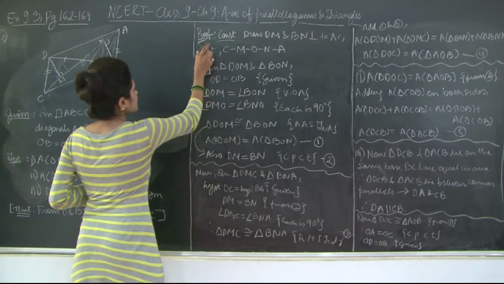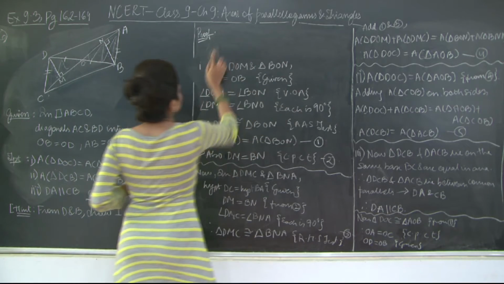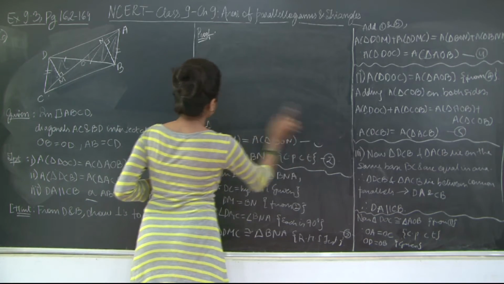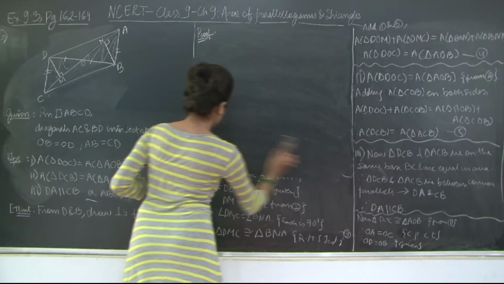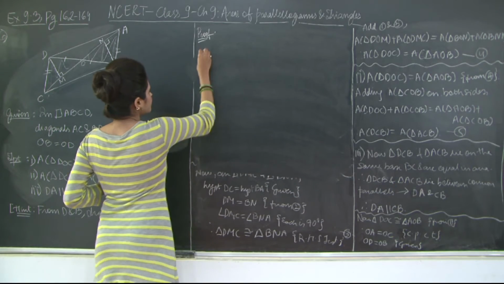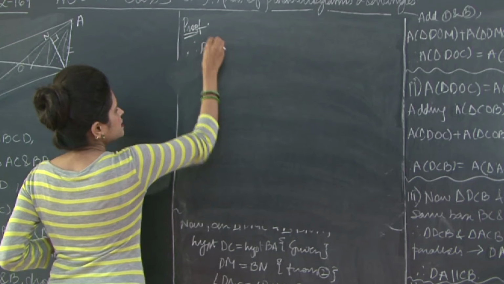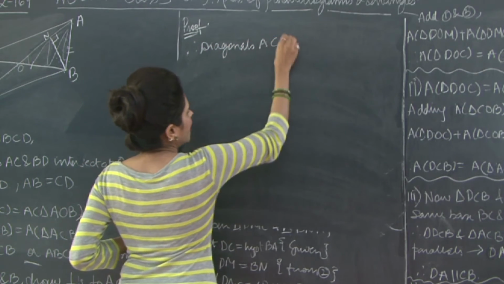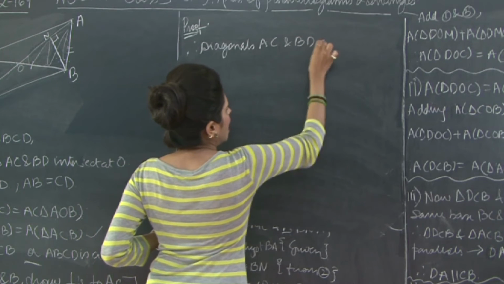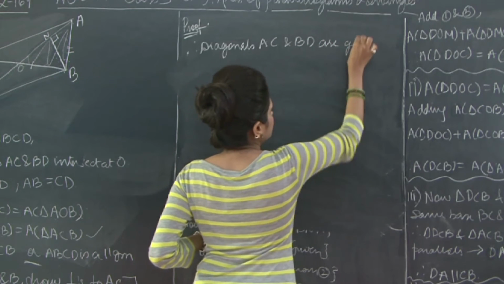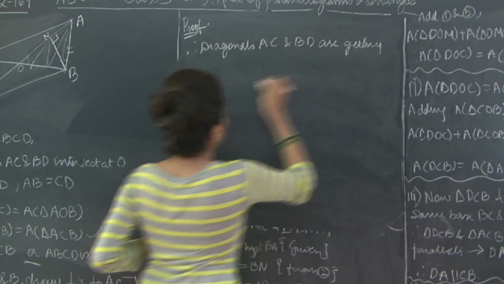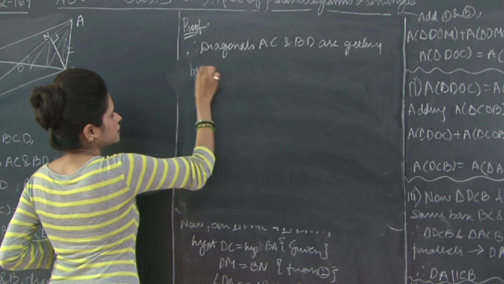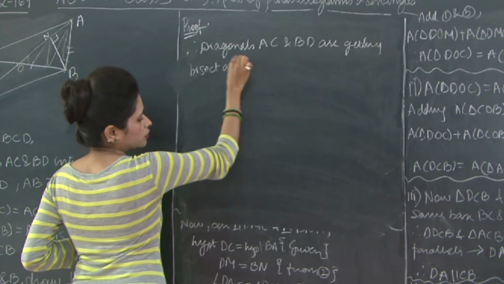So I am erasing this section. Therefore, diagonals AC and BD are getting bisected at O. Why?